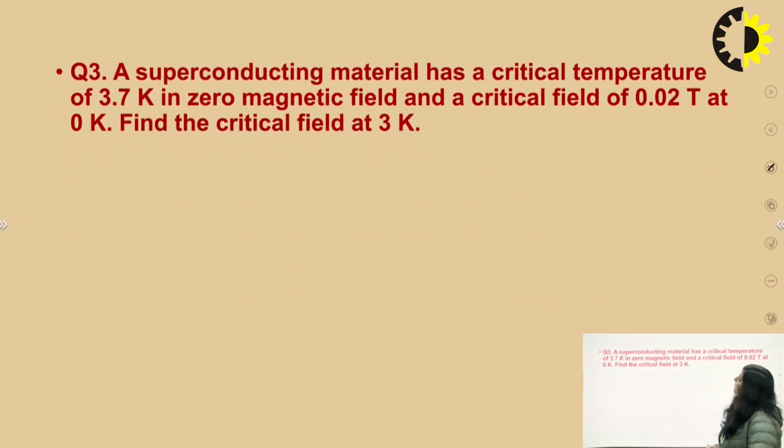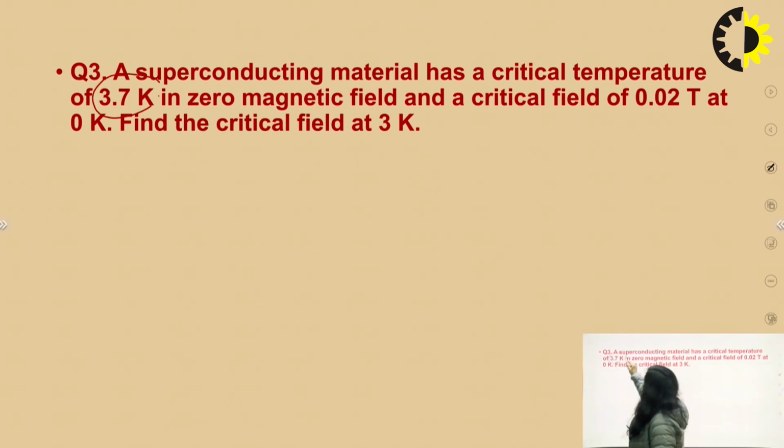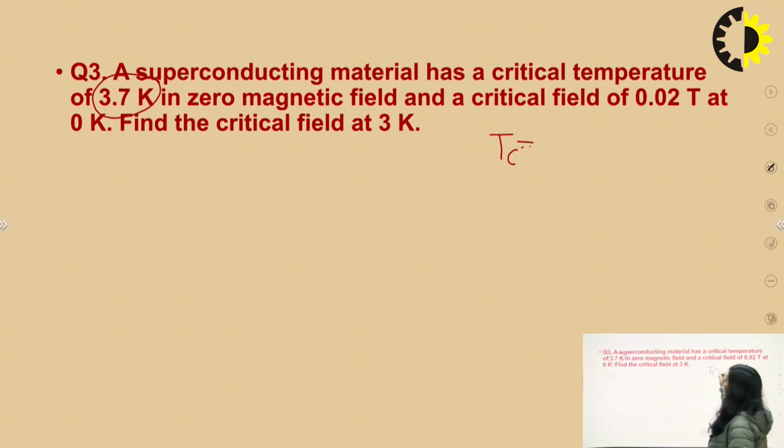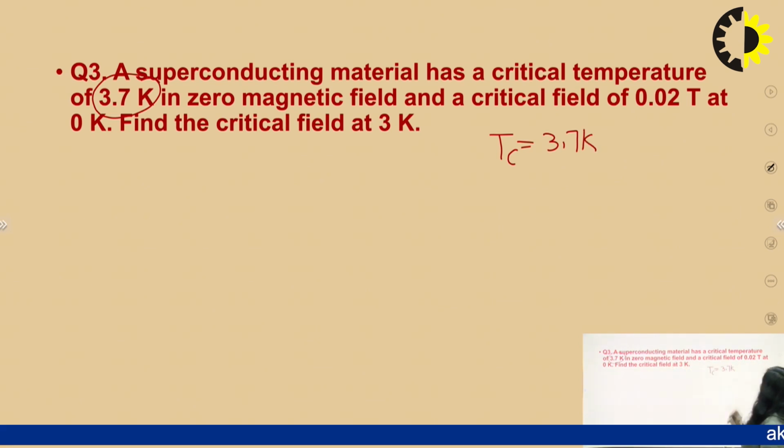In this problem, a superconducting material has a critical temperature of 3.7 Kelvin in zero magnetic field, and a critical magnetic field of 0.02 Tesla at 0 Kelvin. So the first term given is the critical temperature, which is 3.7 Kelvin, and the critical magnetic field at 0 Kelvin is also mentioned, 0.02 Tesla.